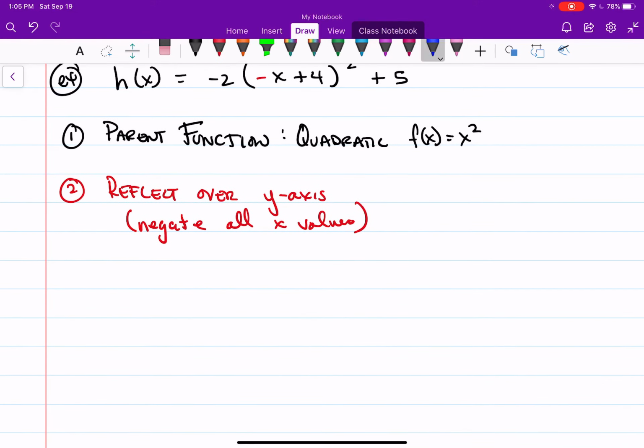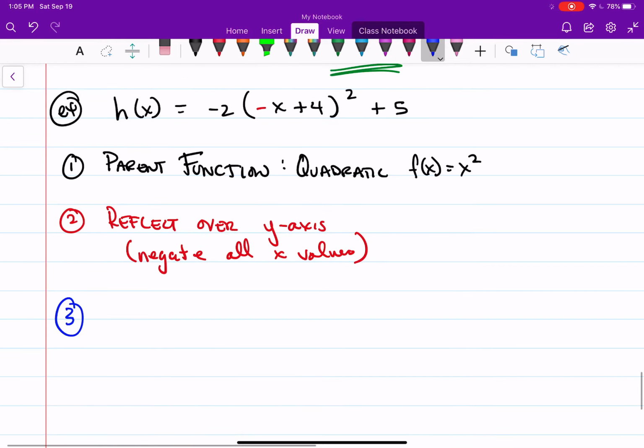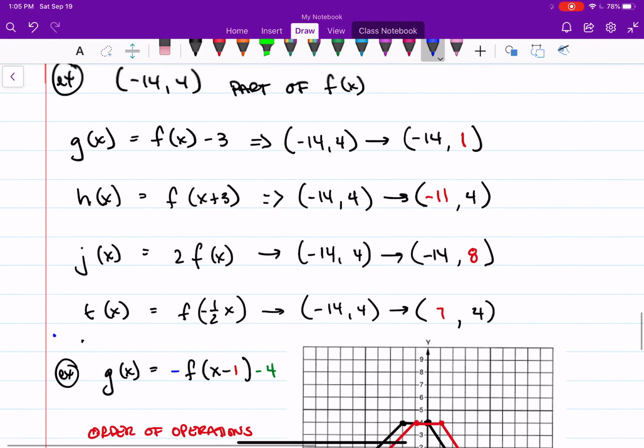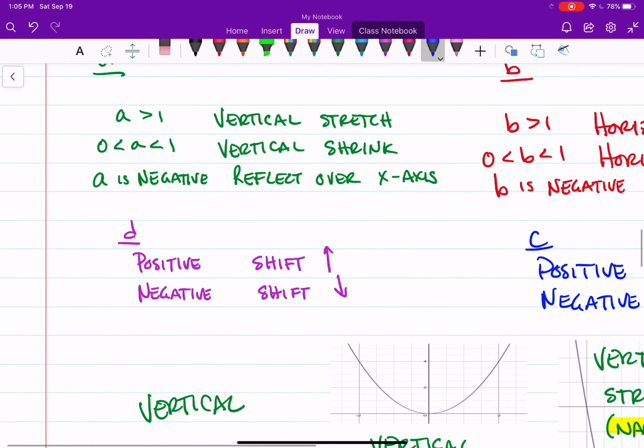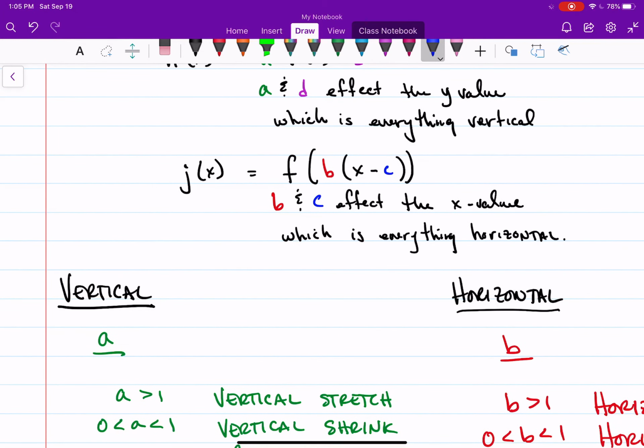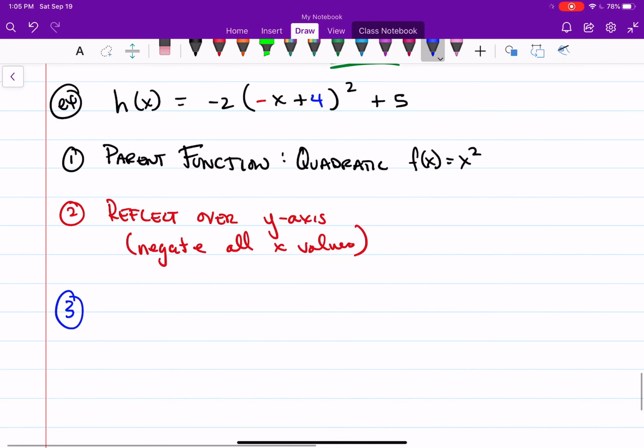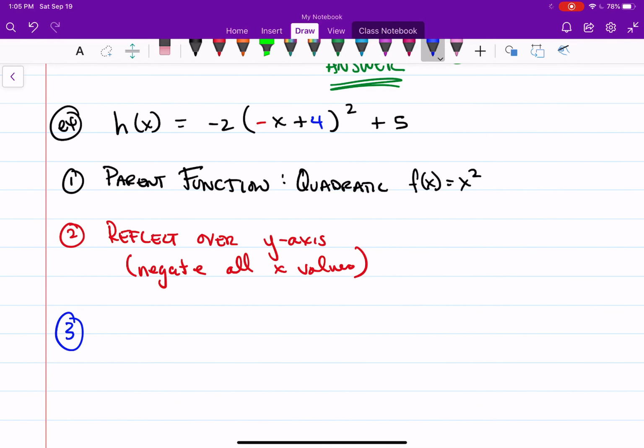What is the next thing I should do, which is the third thing? So the third thing here is now going to be this piece right here. Okay. Now be careful. Because up here, this says x minus c, right? So that means it's actually minus a -4.